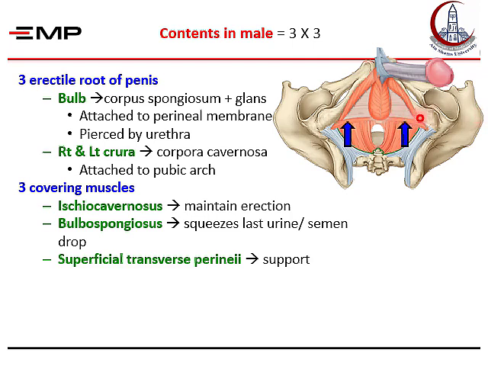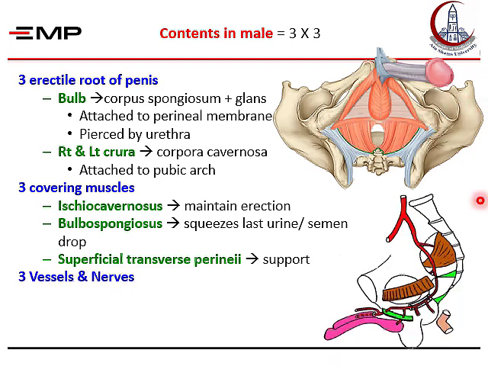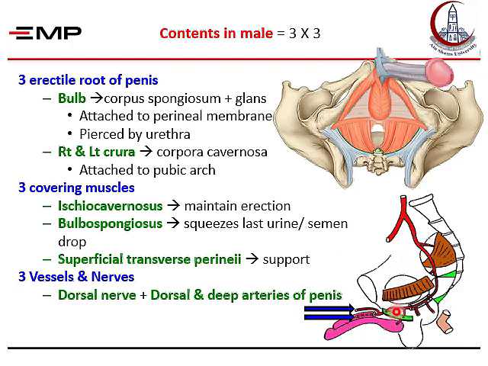And we have these transverse muscles, which are called superficial transversus perinei. They give support to the perineum and the erectile tissues. The three neurovascular structures are the dorsal nerve of the penis, which pierces the perineal membrane and continues above the corpus spongiosum, and the two terminal branches of the internal pudendal artery.